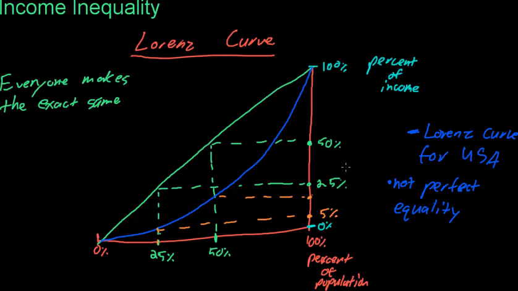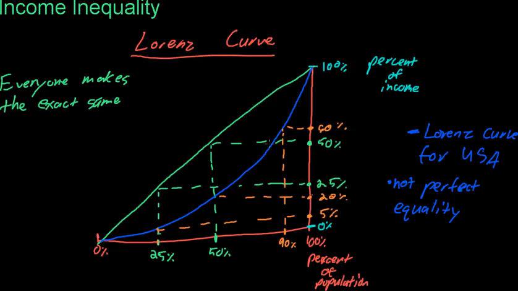I've been saying wealth, I mean income. And then I'm going to draw one more point here. So let's draw like 90% of the population. If we go up, we go over, we see that this is about 60%. So that last 10% of the population controls 40% of the income.